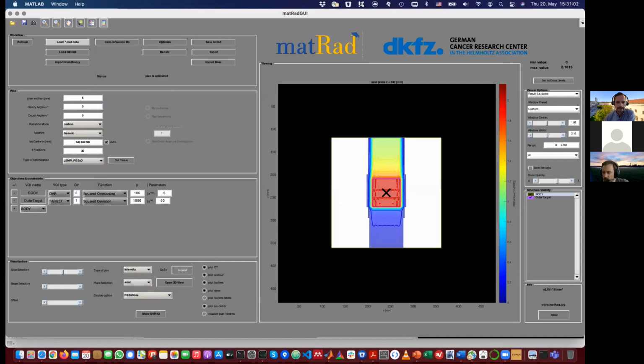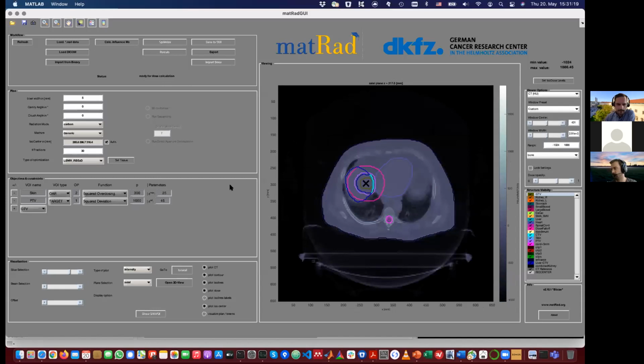And we open it. And there it is. Also for the time being, I just leave the radiation mode at carbon ions and the type of optimization at RBE times dose.